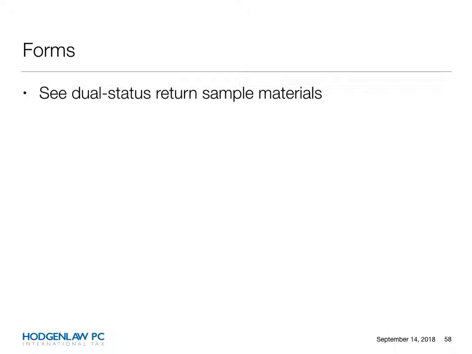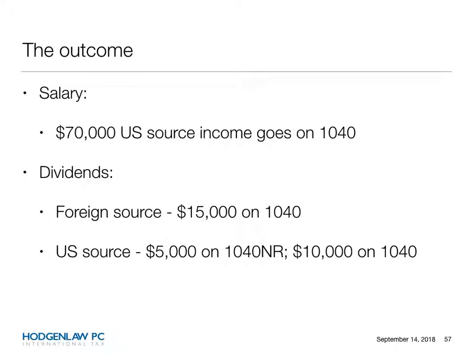Then on the wages, you'll see that the total 70,000 of US source income goes on line 7. Below that, on line 9, for dividends, assuming that the dividends are qualified for both the foreign source and US source, line 9 equals 25,000.